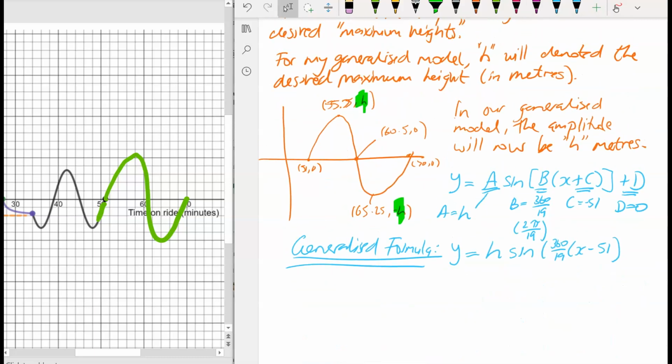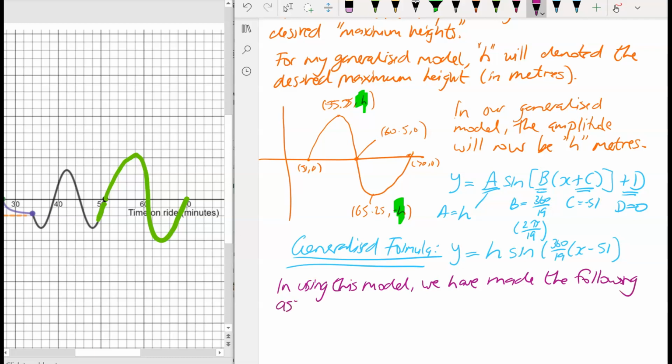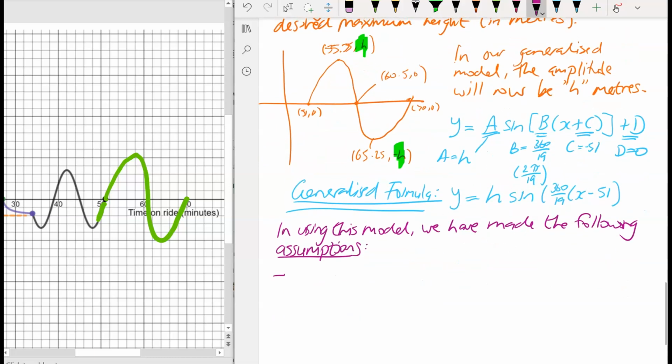Okay, so in using this model, we have made the following assumptions. Normally I like to bullet point my assumptions because they often tend to be single thoughts, a few short, sharp ones.